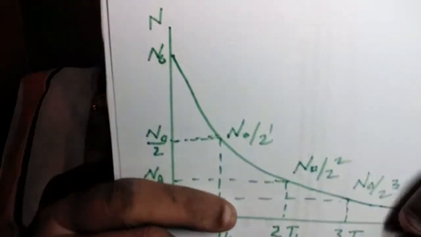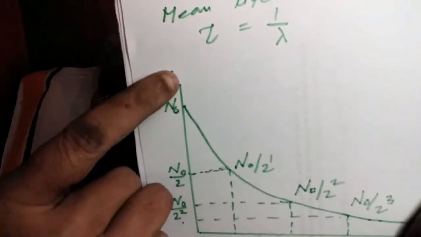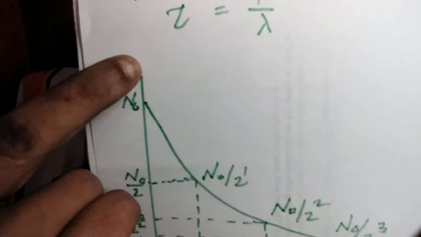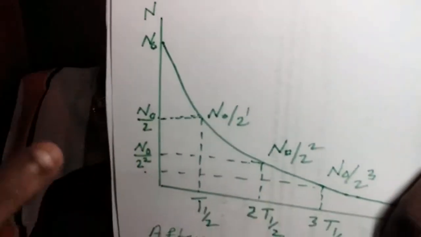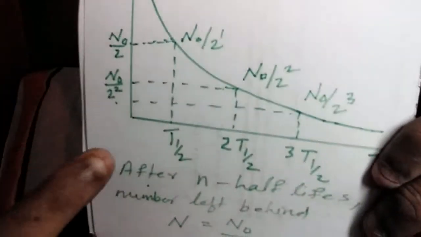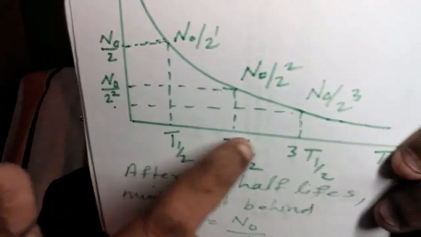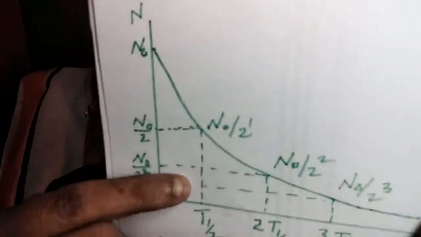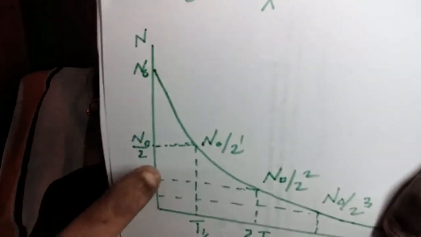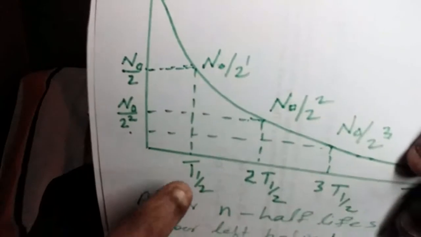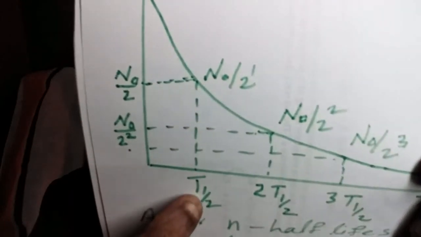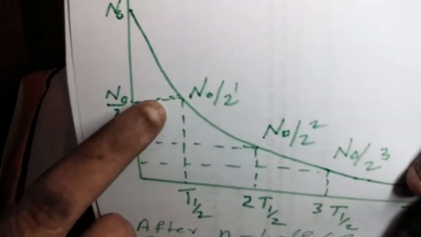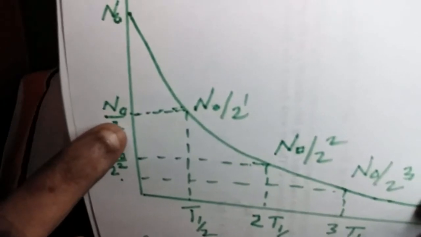Just plot a graph between N, the number of atoms remaining for disintegration or number of parent atoms, and time. The graph is like this. At t equals 0, the number of atoms present is N0. When t equals t half, the number reduces to N0 by 2.